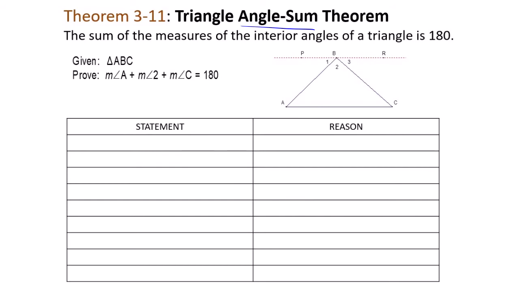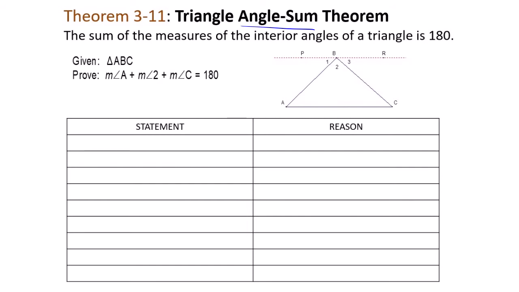What we can do is draw an auxiliary line through one of the vertices of the triangle. We chose B in this case, and we want it to be parallel with the opposite side. The opposite side of B is AC. So we're going to draw a line PR through B that's parallel with AC, and we can do that with the parallel postulate.